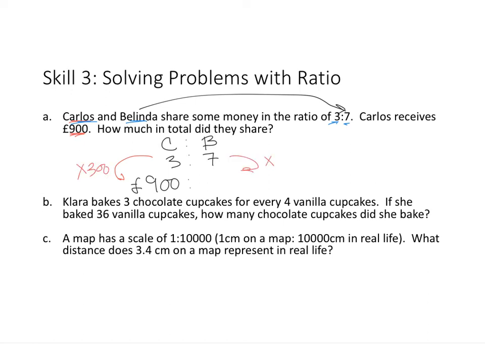So we times this by 300 as well, and so we now know Belinda received 2,100 pounds. But the question is, how much in total did they share? So if we know Carlos had 900 and Belinda had 2,100, in total, they actually shared 3,000 pounds.